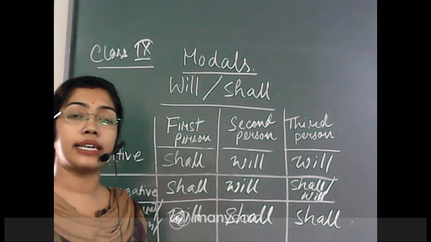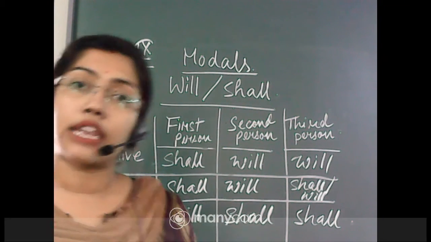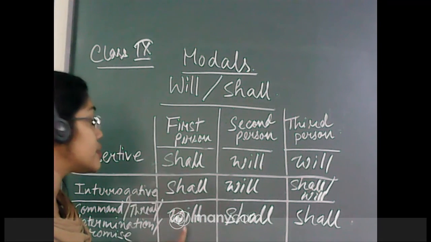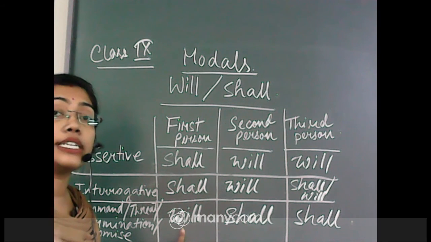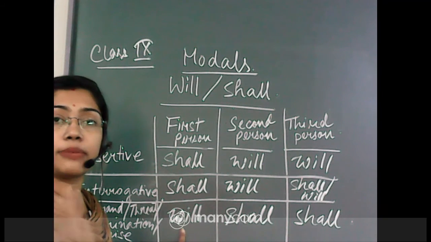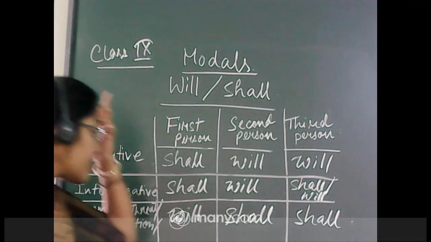That makes the sentence a completely assertive statement without any kind of intention. But when instead of using shall, I use the word will for I or we, that is creating a kind of stress on it. That is creating a sense of determination in the sentence. Is this part clear?